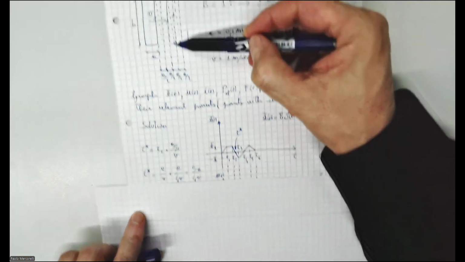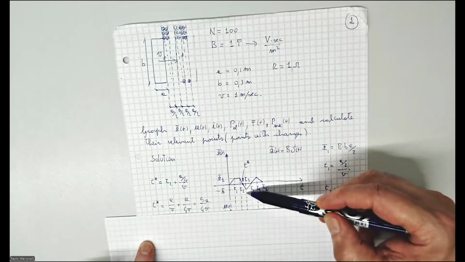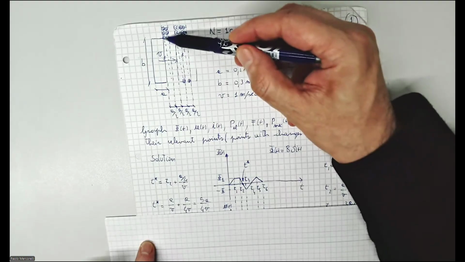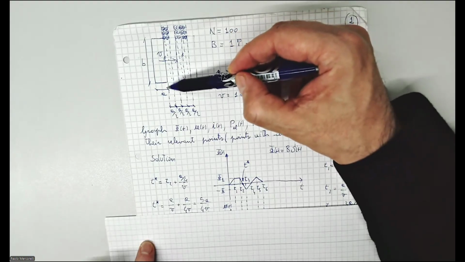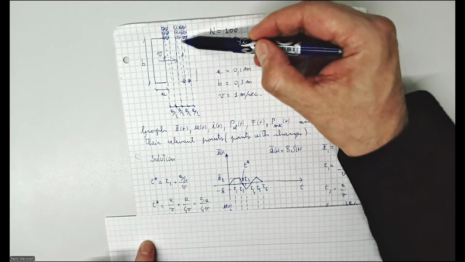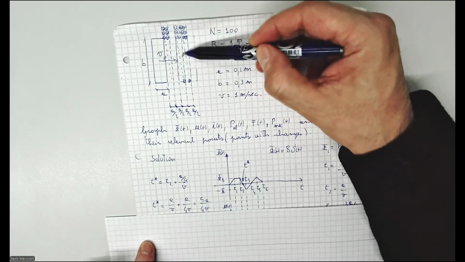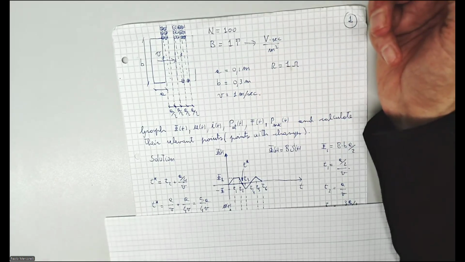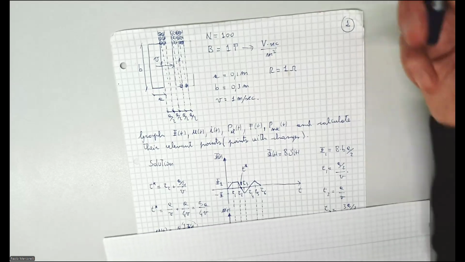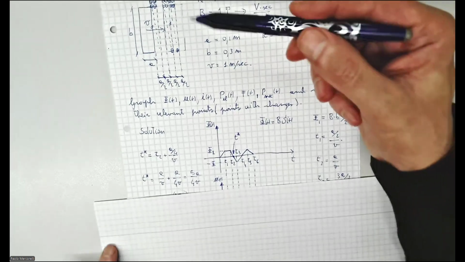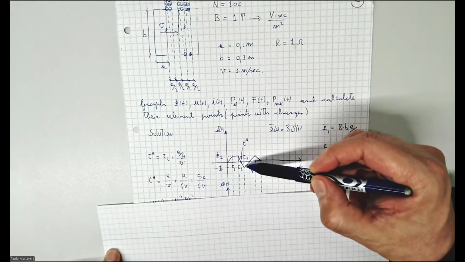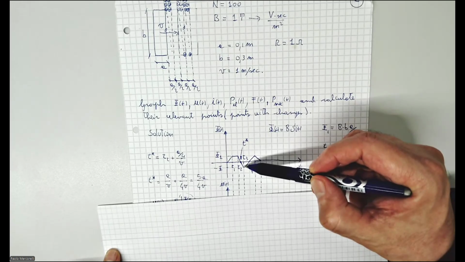Did you agree? T3 represents exactly, as we did before, when these conductors are in this position. Until T3, no changes. Tell me, okay or not?